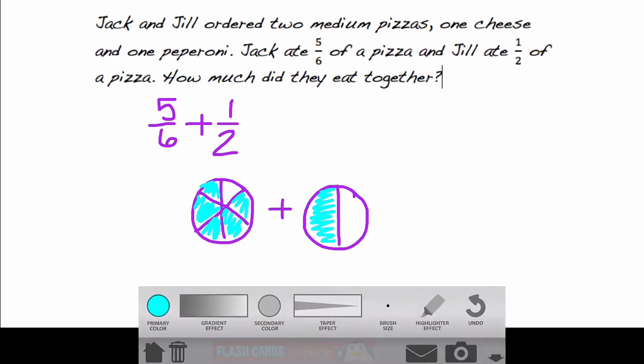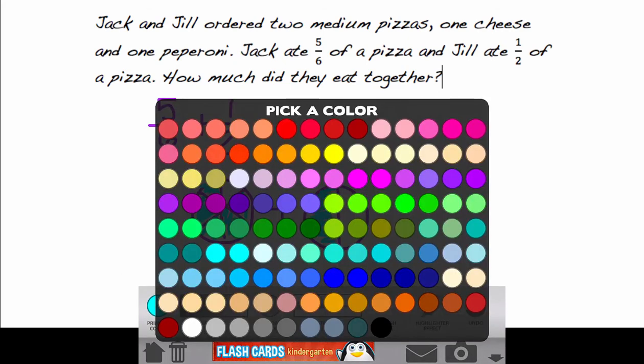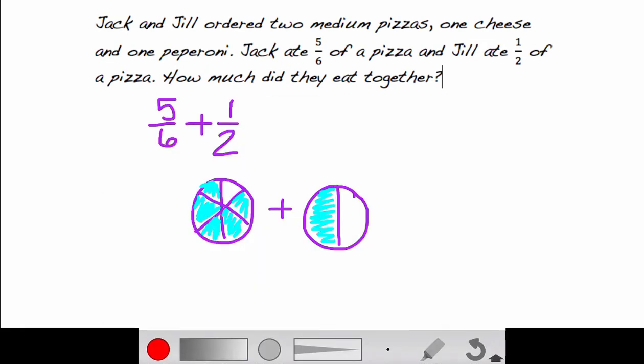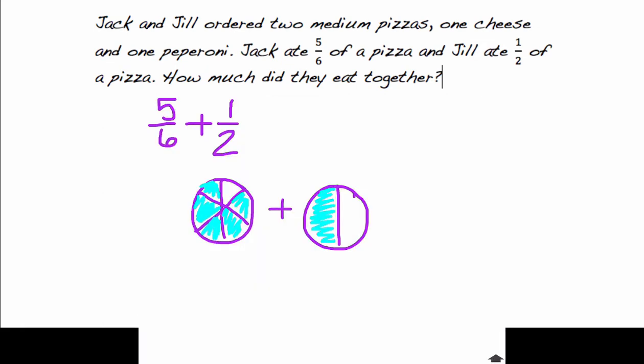So how do I put these together? One way is to take and say, well, Jill ate this half over here, and I know that 1/2 of 6 is 3. And so here are 3 pieces that Jack ate. So I have 3 pieces that Jack ate plus the half that Jill ate. That's going to give me 1 whole pizza.